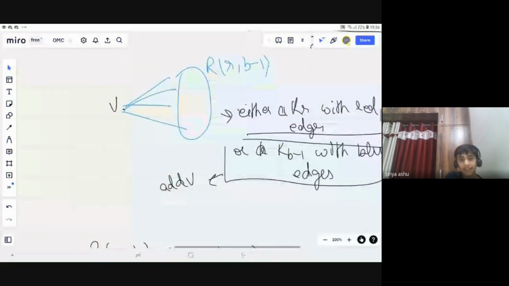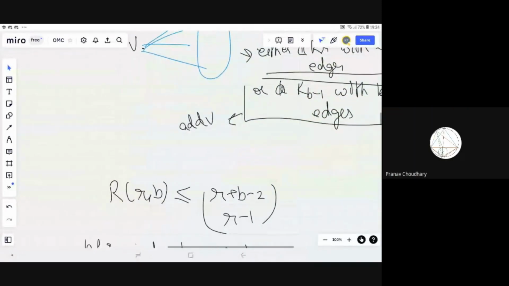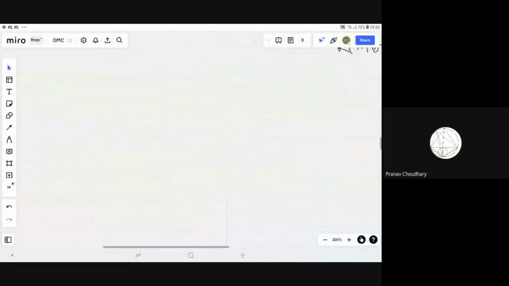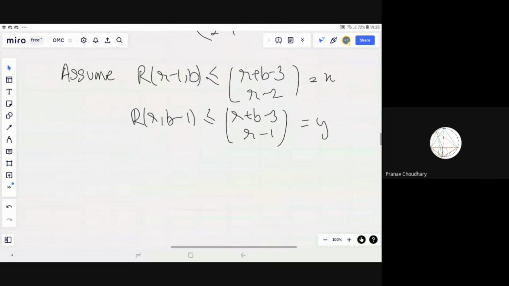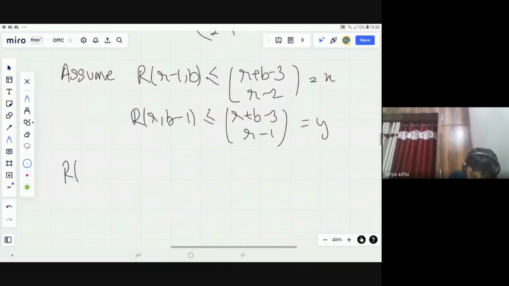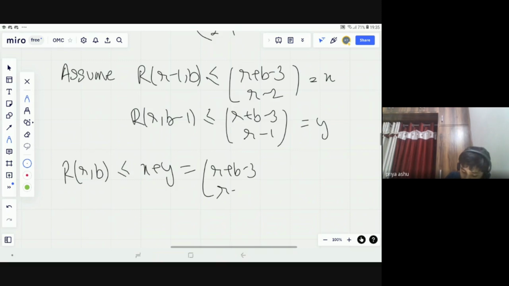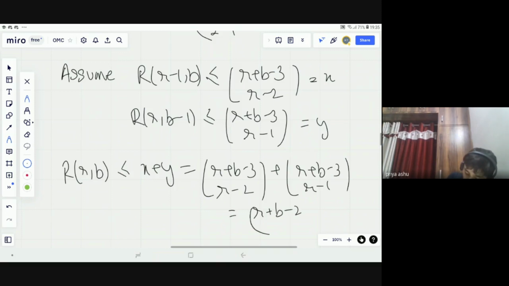So we prove that R(R, B) is at most x plus y, just because we showed that x plus y vertices suffice, and thus this is equal to (R+B-3 choose R-2) plus (R+B-3 choose R-1), and this is equal to (R+B-2 choose R-1) due to Pascal's identity.